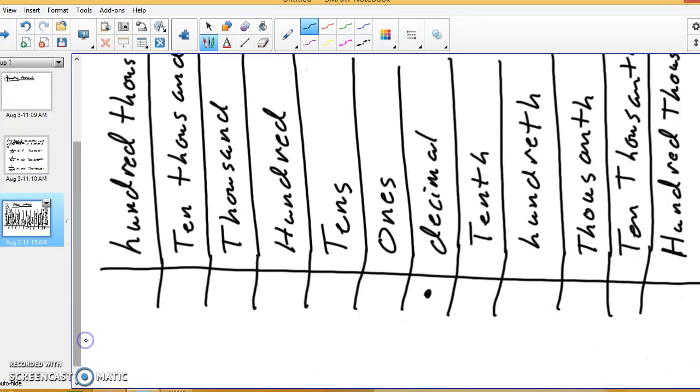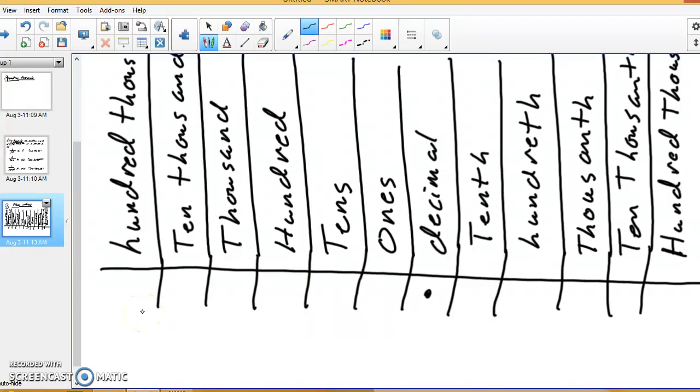If we go to the left of the decimal point, this is what we're familiar with. We're familiar with numbers in the ones column, the tens column, the hundreds column, the thousands, 10,000s, 100,000s. These are whole numbers. This side of the decimal is what we've been working with forever.